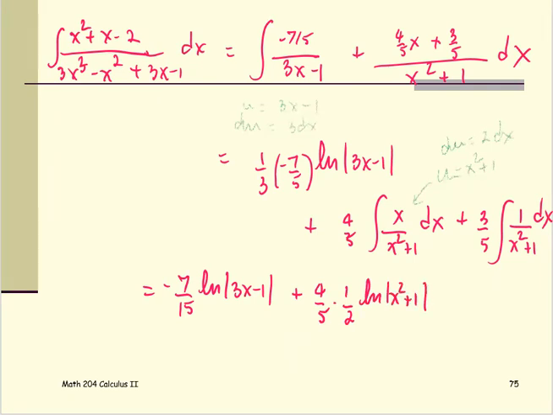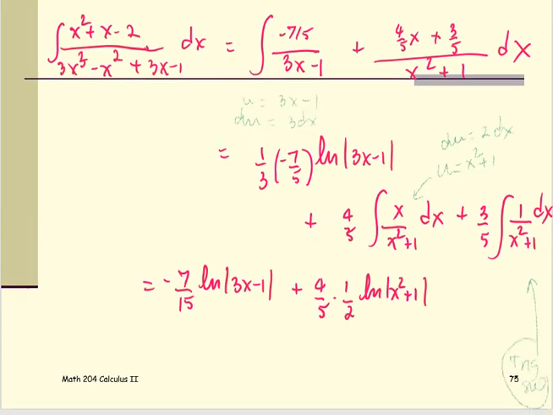But the last term, if you don't recall the antiderivative rule for 1 over x squared plus 1, you're going to have to use the trig sub technique, which is very tedious. Trig sub is too much work, but if you have the formula sheet handy, this one is the inverse tangent of x, and then we're going to add C at the end.